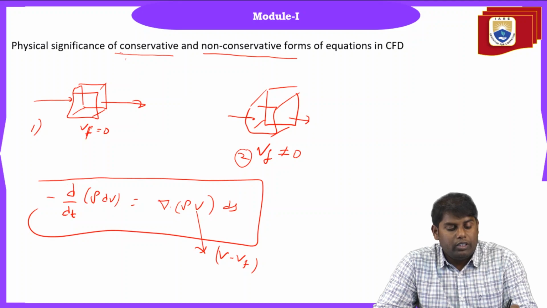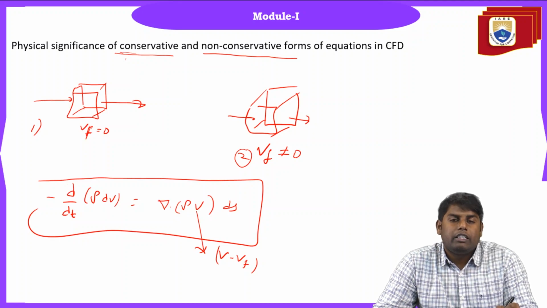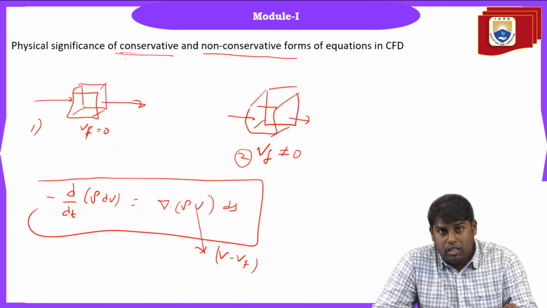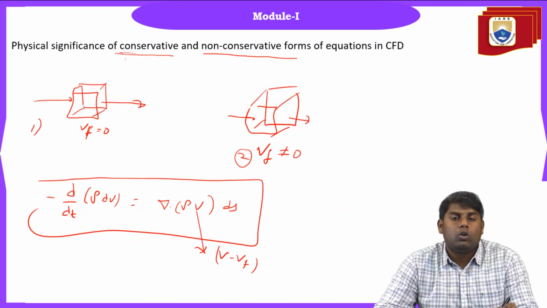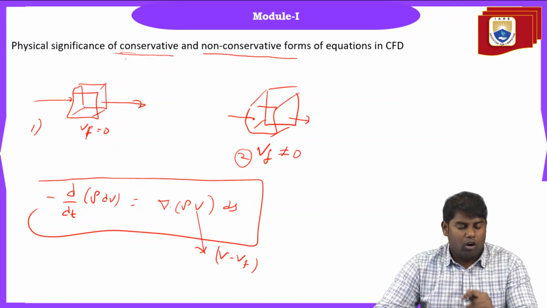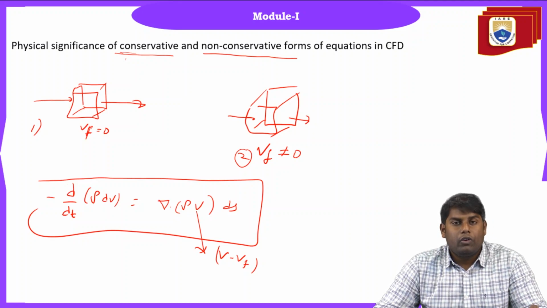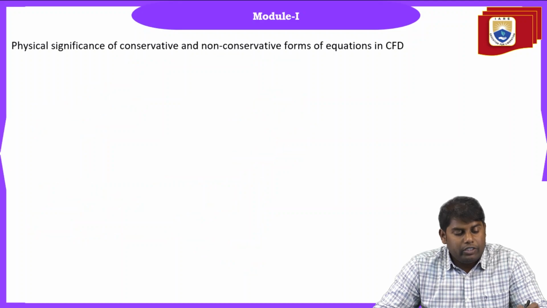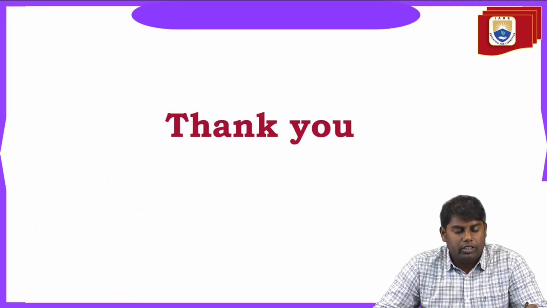Whether you take the conservative form or the non-conservative form, the physics of the flow will not change, but the relative velocity will be taken into account. That is the difference we will observe. With this we have seen the physical significance of the conservative and non-conservative forms of equations for CFD in fluid flow phenomena.